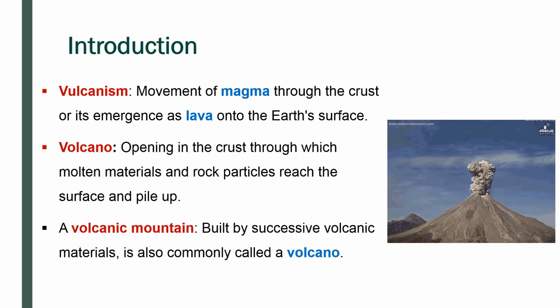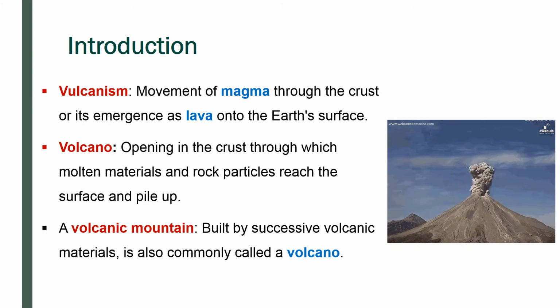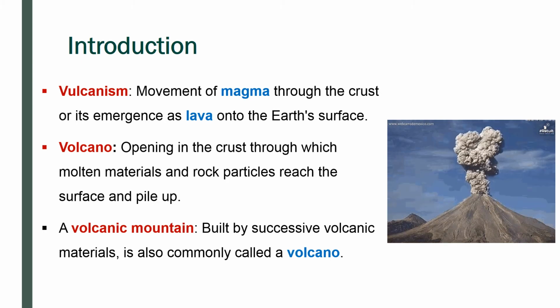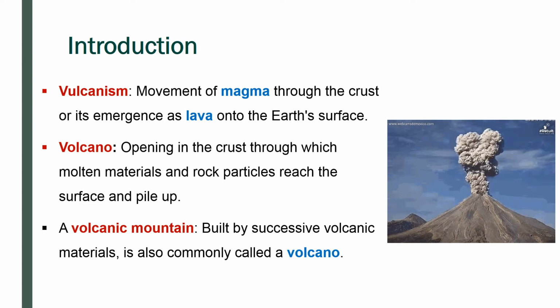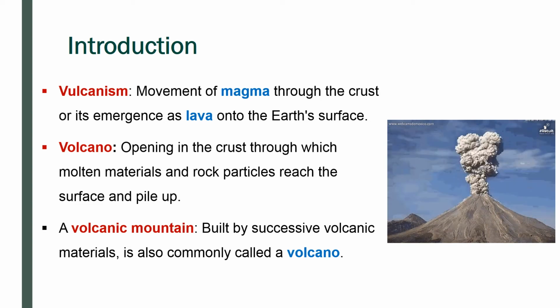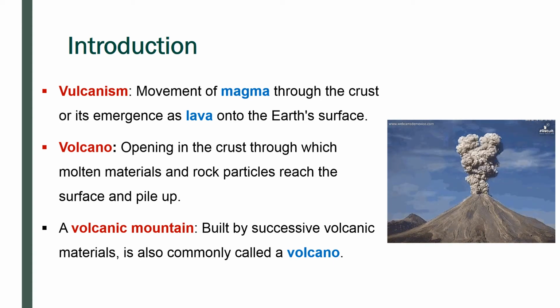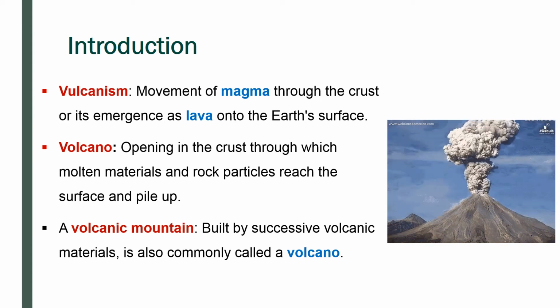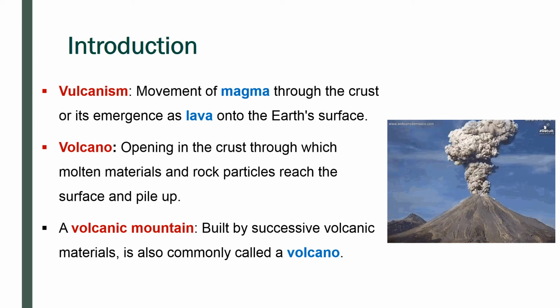And a volcanic mountain is built by the successive volcanic materials, and at the same time also we call it volcano. And you can see from the picture on the right of this slide how the magma is coming out of the earth in the form of lava.